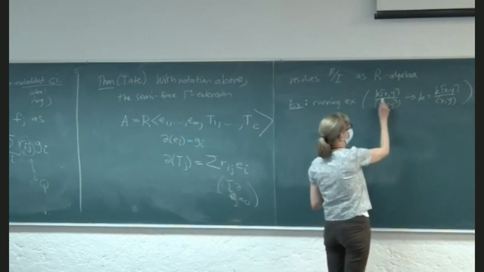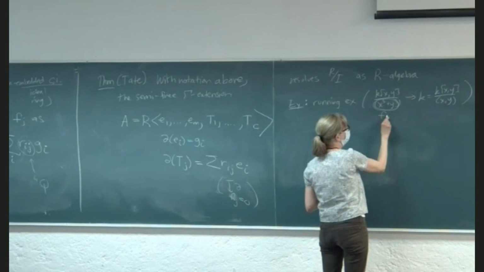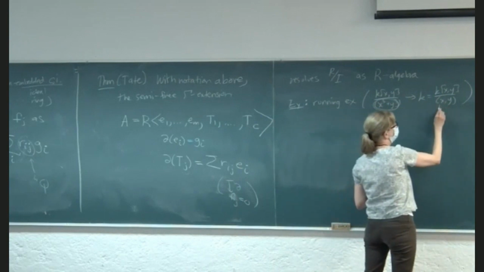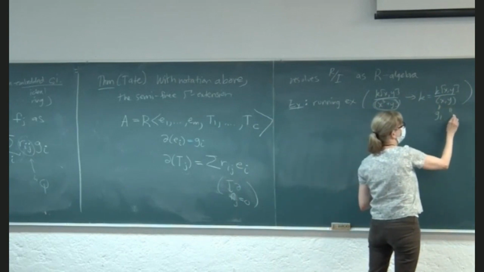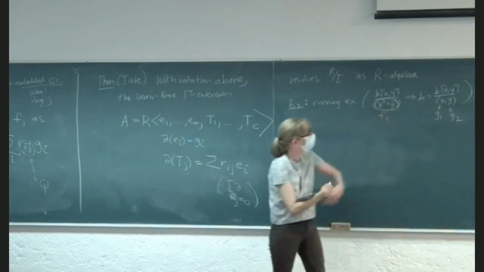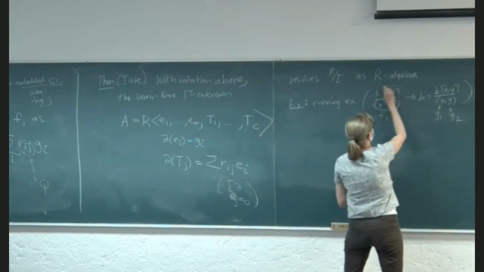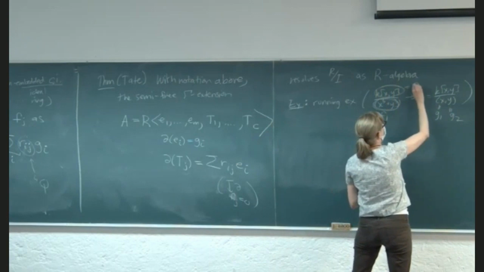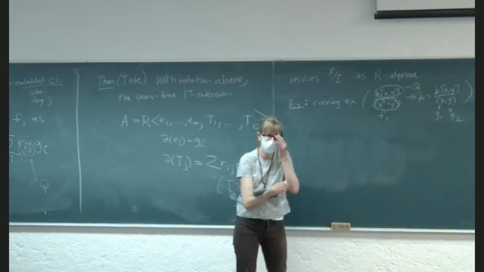So there's one single F equation, F1, and there are two G's, G1 and G2. On the ring Q, they're both regular sequences.